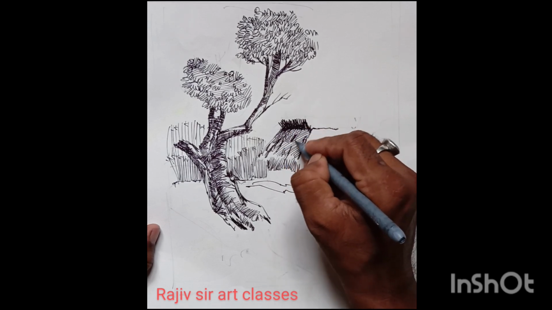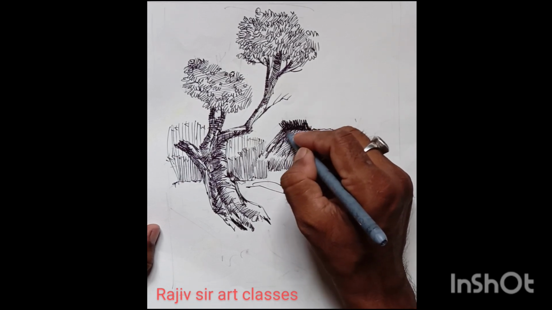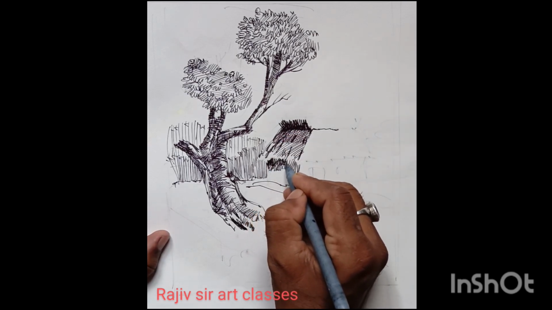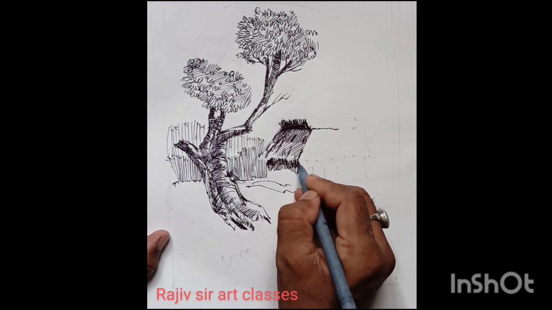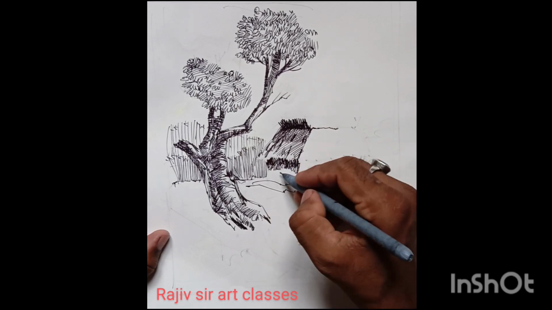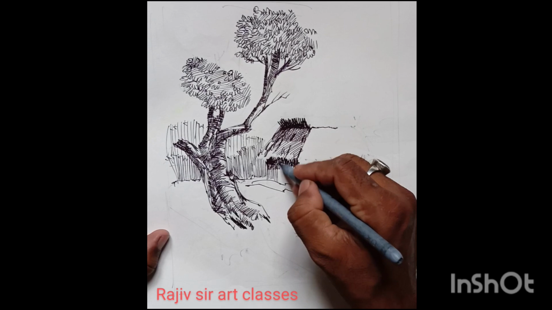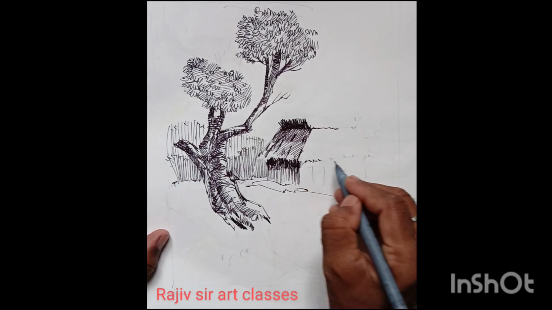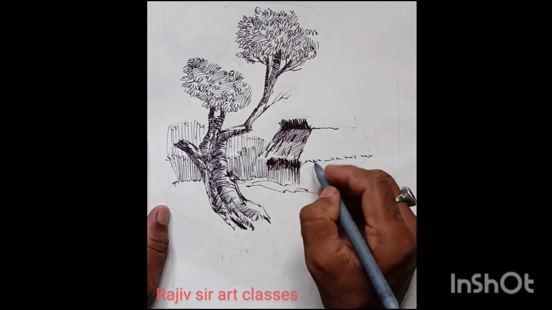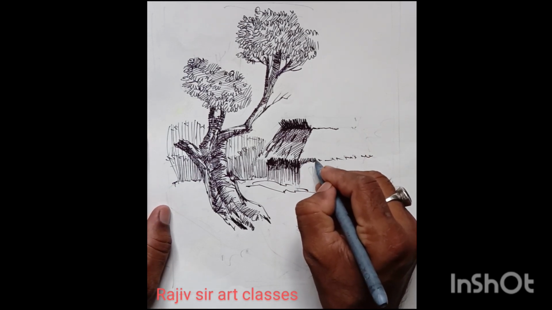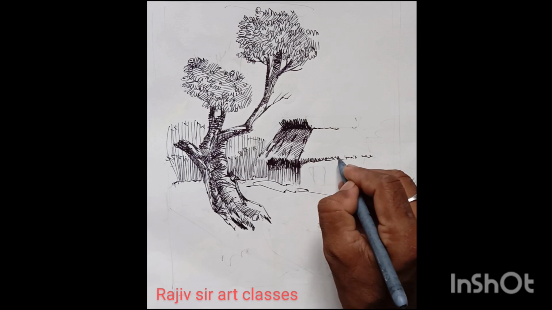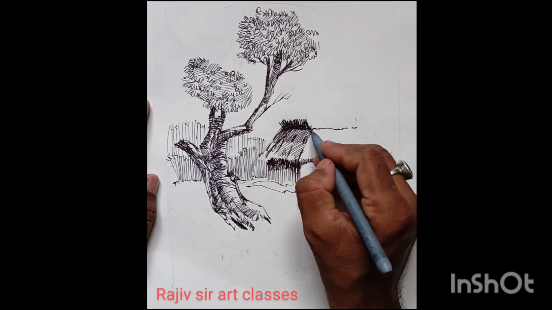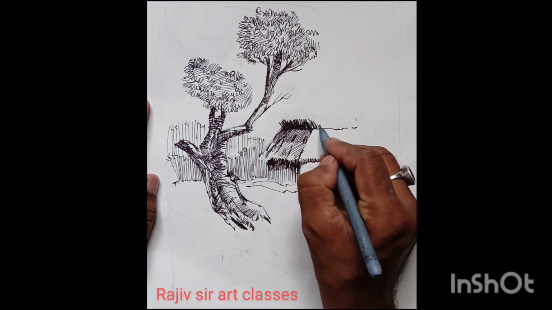At the same time, you must keep this in your head, that where you want to keep the light source, where the sun is, if it is outdoor. And according to that, remember the shapes which we have done in the class, and according to that, you shade it. It is always better to divide the complicated shapes into simple ones. A hut can be the combination of rectangles.